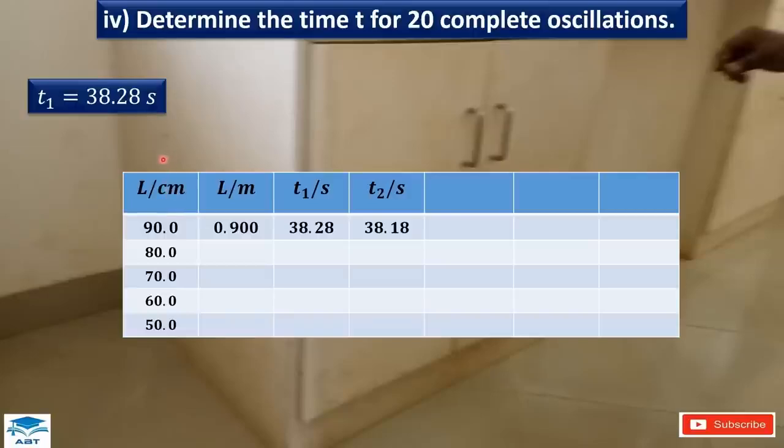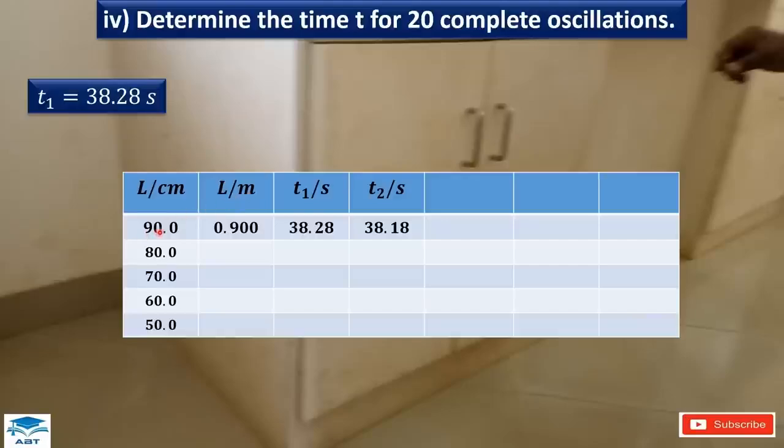Remember, the least count of the meter rule is 0.1 centimeters. That means all the values falling under the length should be in one decimal place. So we have 90.0 centimeters. But we have to convert the length to meters. That is the SI unit of length.